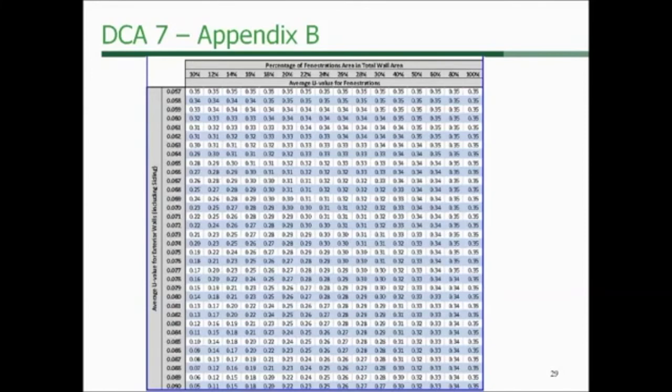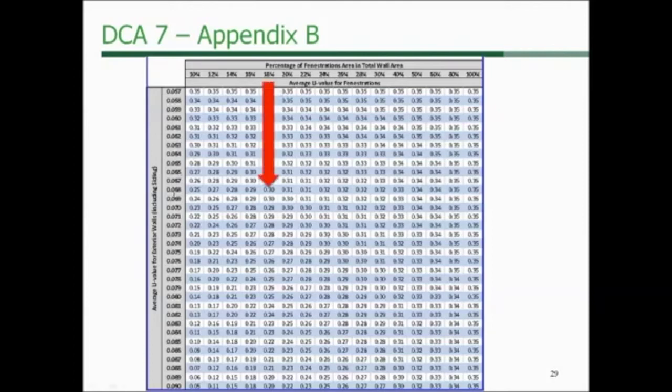We can also do the other way around. Say we know we want a certain wall type, and we know that we have a certain wall type, but we want to know how good of a fenestration we need. Okay, so we have a percent fenestration area of 18%.